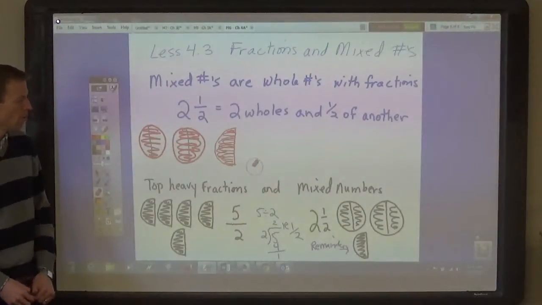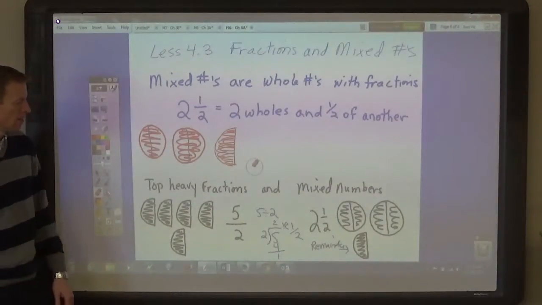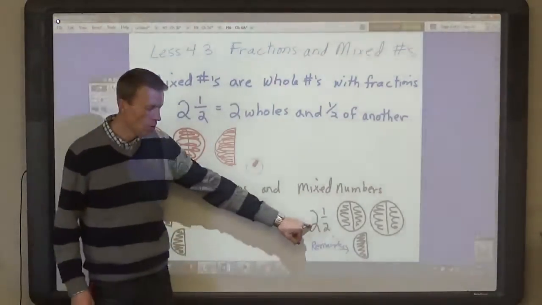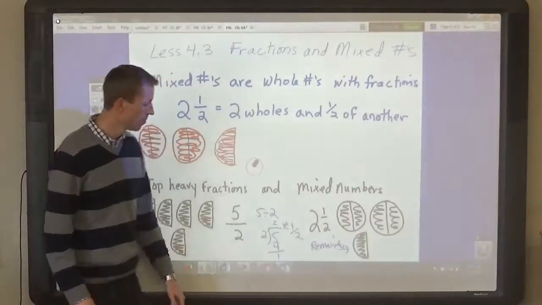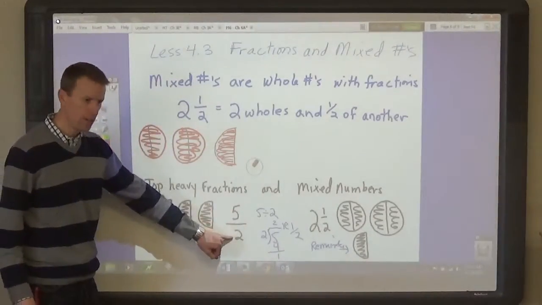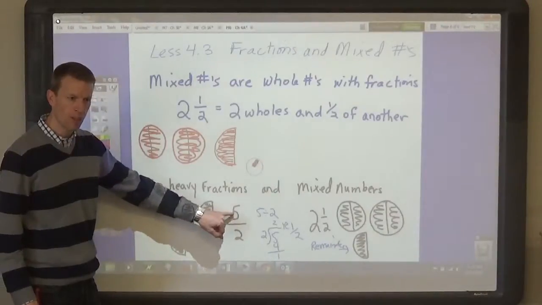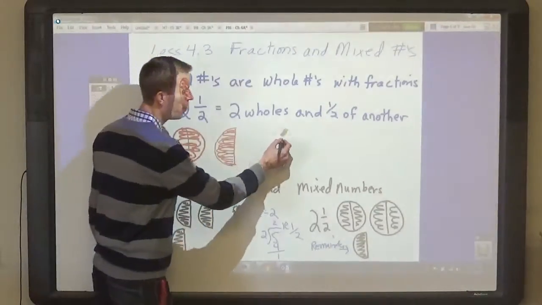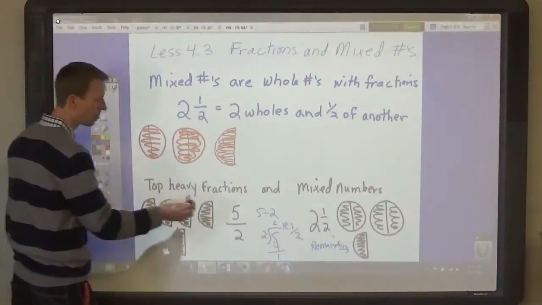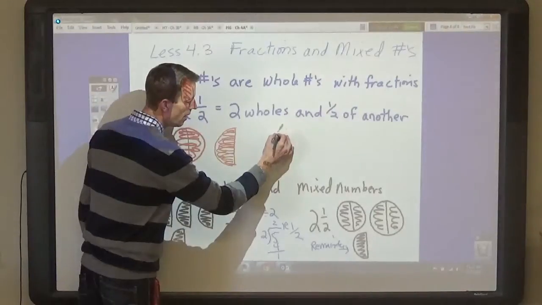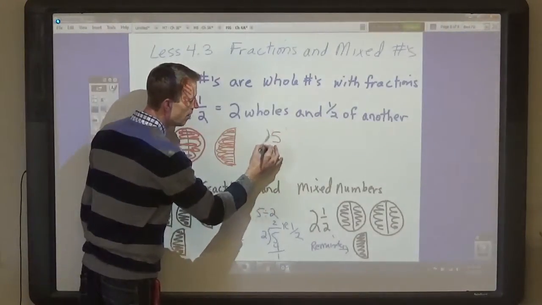Now, here's how we would do the math to figure out going from a top-heavy fraction to a mixed number. You would do 5 divided by 2. Or we would put them into groups of 2. Take all the pieces. We have 5 total pieces, and divide them by 2.